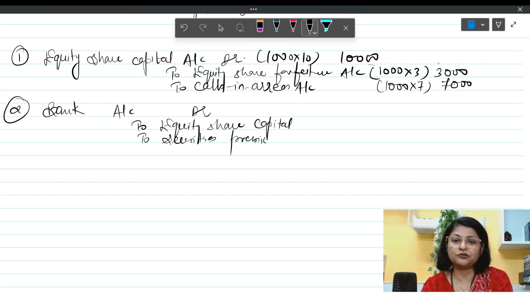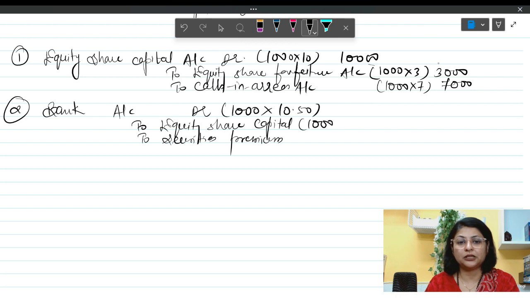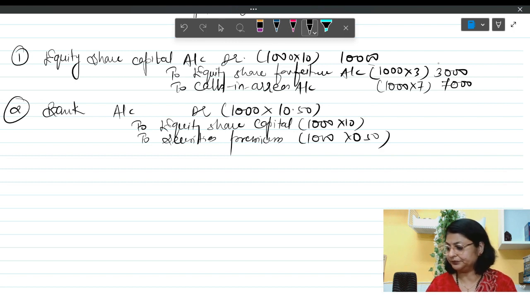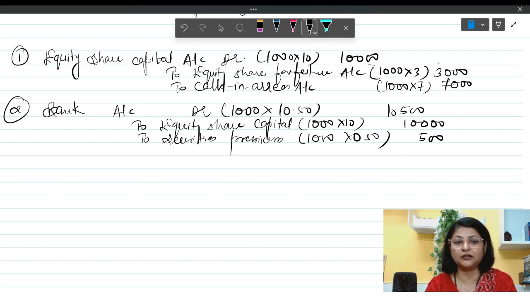So we have issued these shares for rupees 10.5, 1000 multiplied by 10.50, and 1000 multiplied by 10 will go over here, and 1000 into 0.50 will come over here.